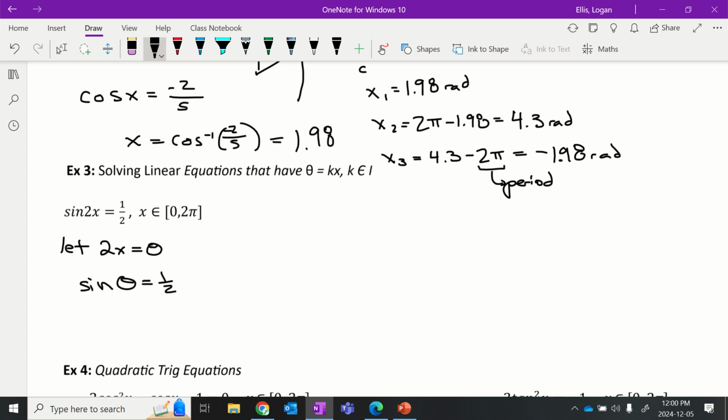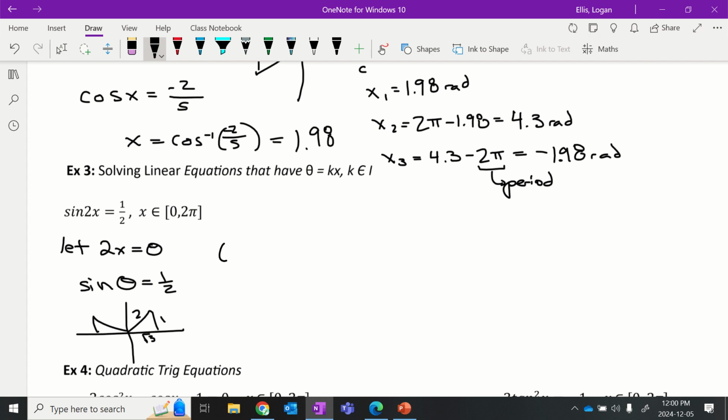So when you're doing this now, and again, we are solving it between 0 and 2 pi, so one rotation, we're going to draw our little CAST diagram. I know it's a positive sine, so it's going to be here and here, opposite over hypotenuse, right? This is the 1, 2, root 3 triangle.